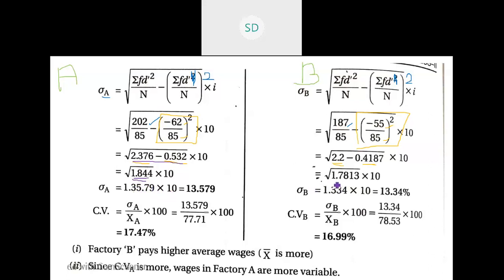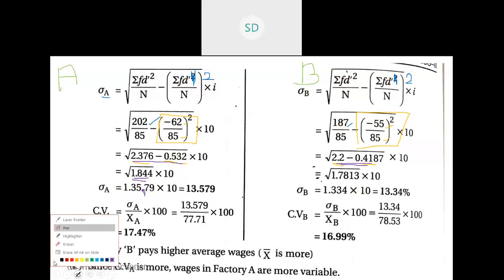For B, 2.2 minus 0.4187 gives the square root of 1.7813 into 10. Taking the square root, you get 1.3579.